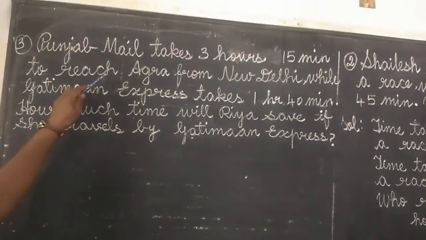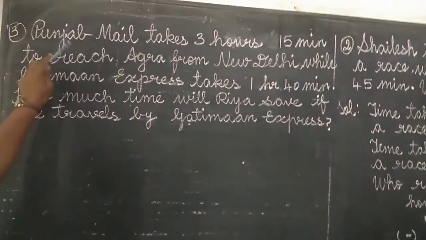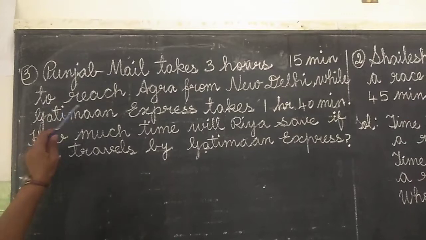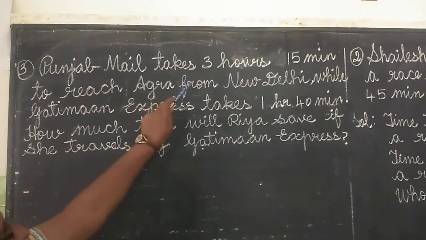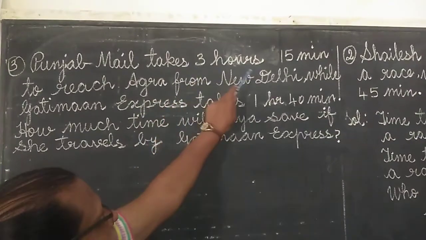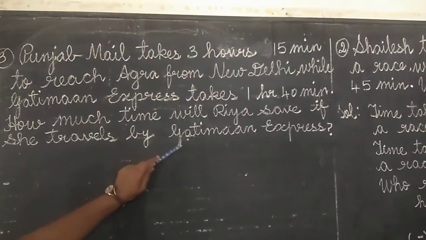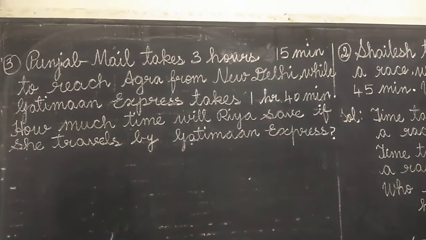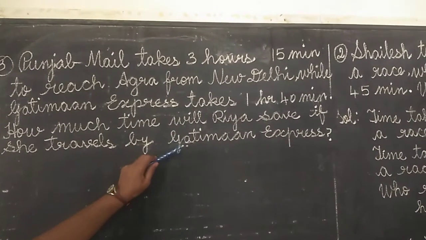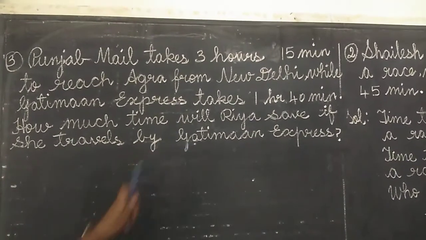See, 2 trains are there, Punjab Mail and Gatiman Express. If she travels in Punjab Mail it takes 3 hours 15 minutes, and in Gatiman Express 1 hour 40 minutes. So we have to find out how much time she saves.